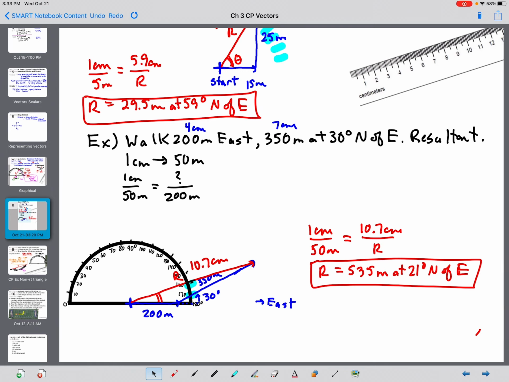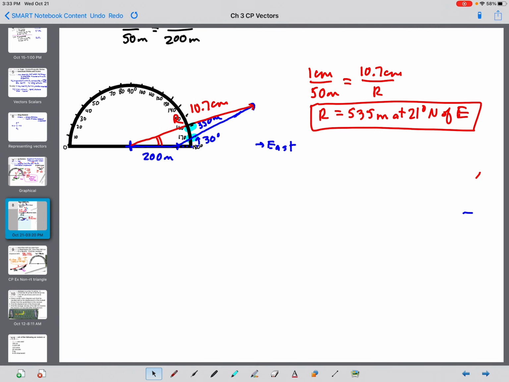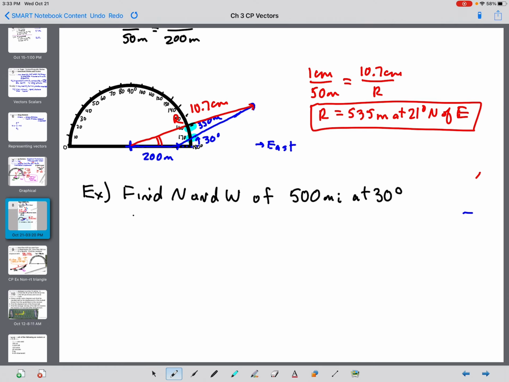So if I want to resolve something into components, if I want to find the north and west components of 500 miles at 30 degrees, then what I'm going to do is set my scale.